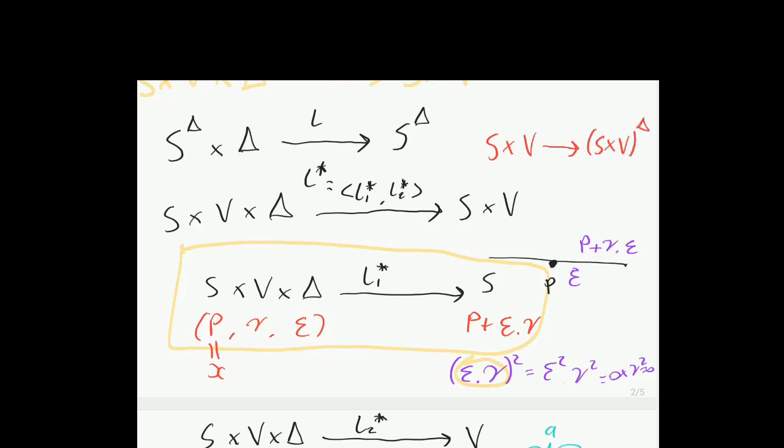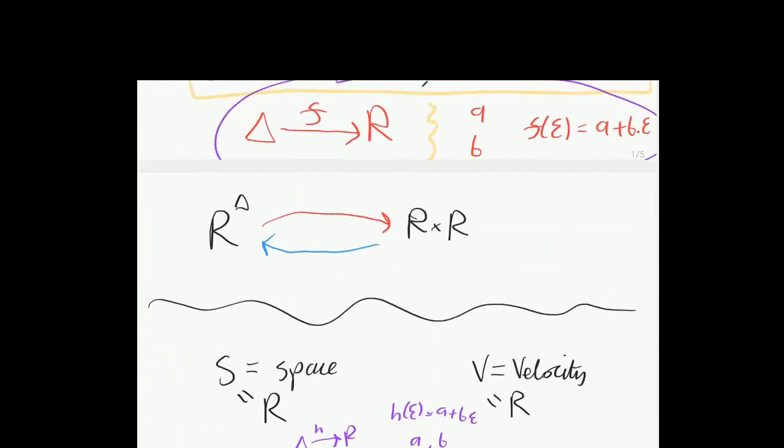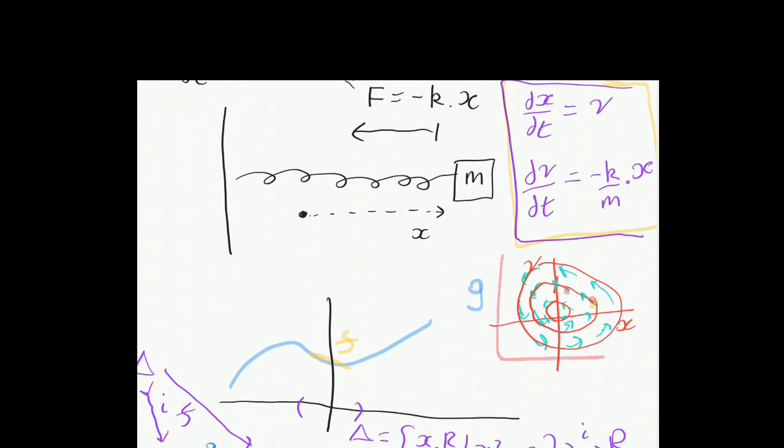And what we're doing is we're sending every point in this configuration space to a vector in such a way that the base point or starting point of the vector associated with a given point in the space starts at that point in the space. So basically we've got a family of arrows in our S times V plane, which is giving us this vector field. And then all we want to do is to solve this for the flow lines. And it turns out that those flow lines are exactly the solutions to this system of differential equations. So we've just seen how we can encode these differential equations as a sort of vector field.